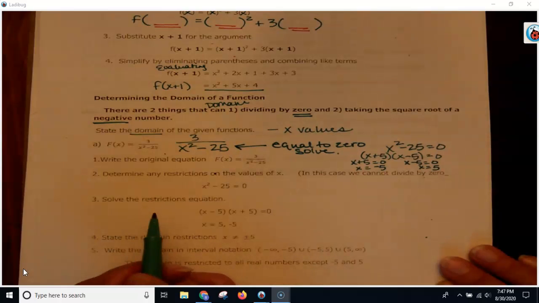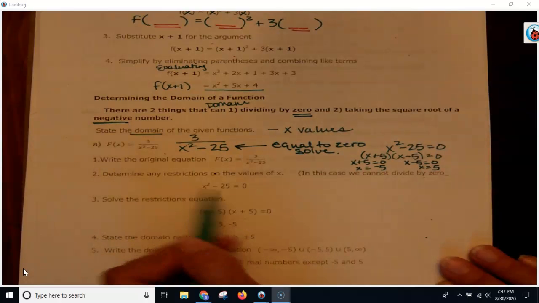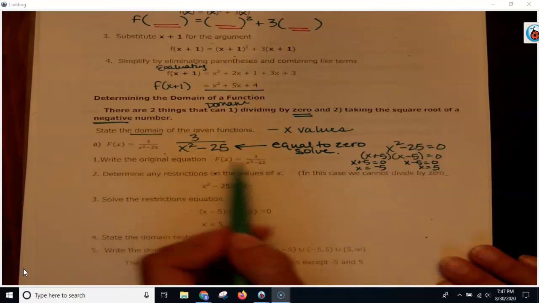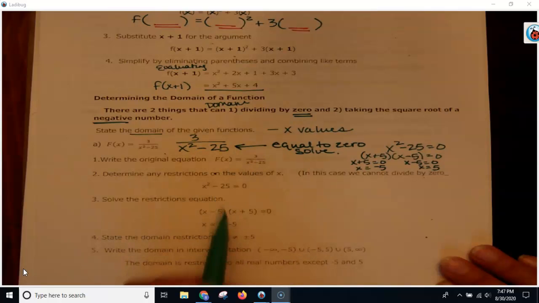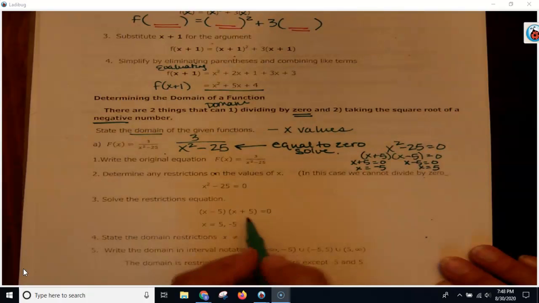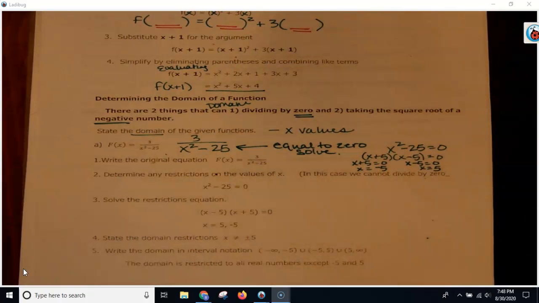That's what's done right here. We basically took this, factored it out, and determined that x equaling 5 or negative 5 is going to make this equation equal to 0, which we do not want.